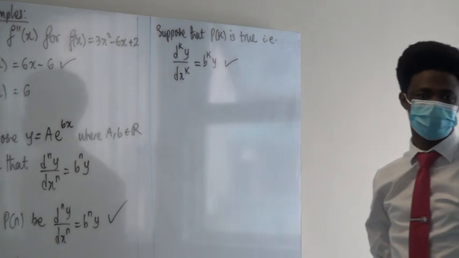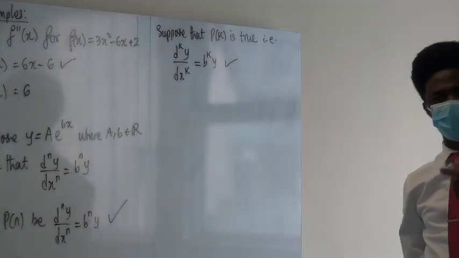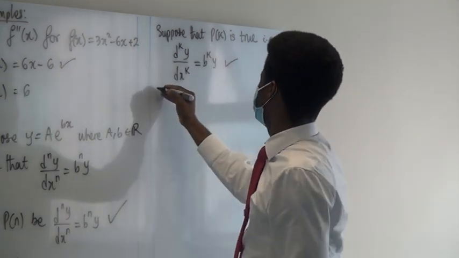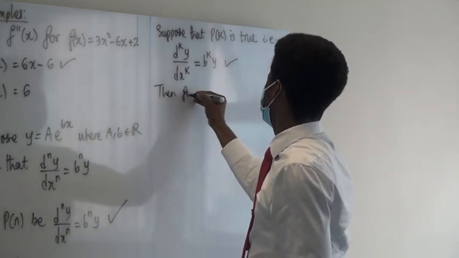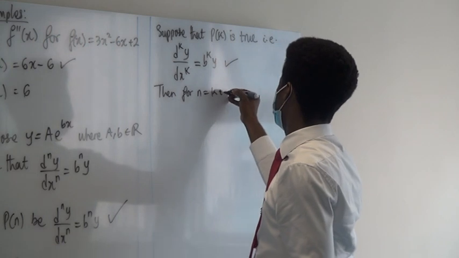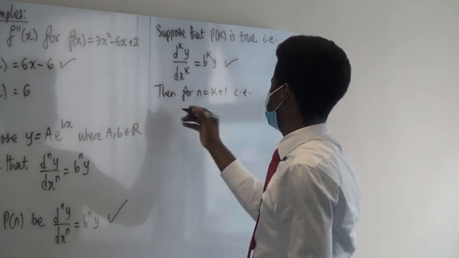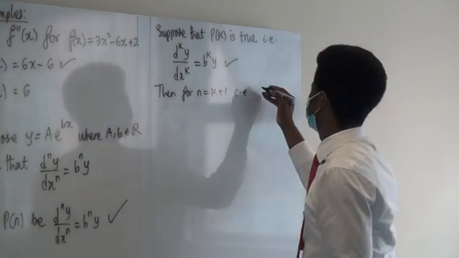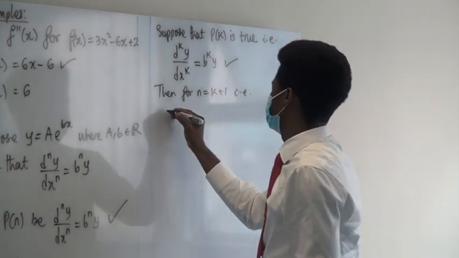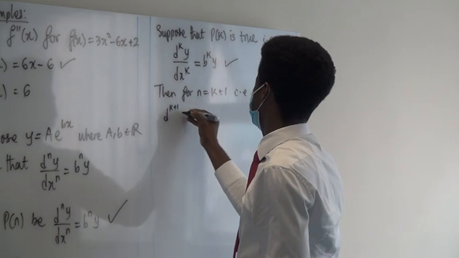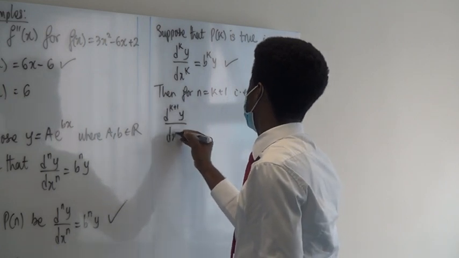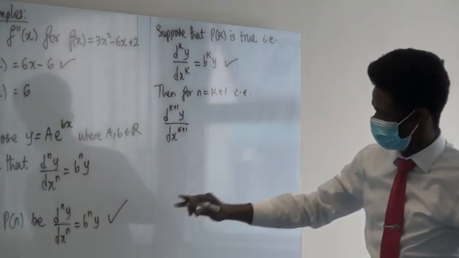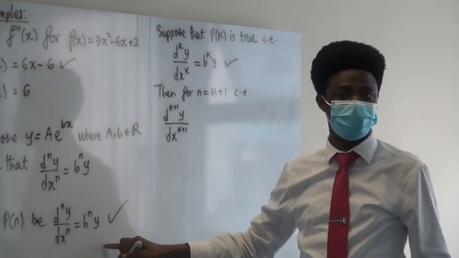This is a supposition. Then we prove for n is equal to k plus 1. Suppose this is true, then for n equals k plus 1, that is, d^(k+1) y/dx^(k+1), this is what we want to prove. You want to prove that this will be b raised to power k plus 1 times y, right?